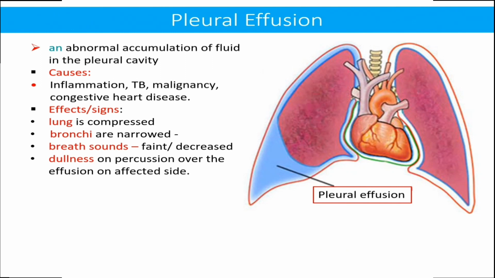Like number one, lung is compressed on the affected side, bronchi are narrowed, breath sounds are faint, and dullness on percussion over the effusion site appears on the affected site.